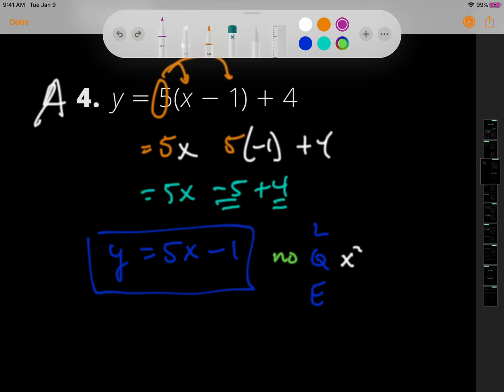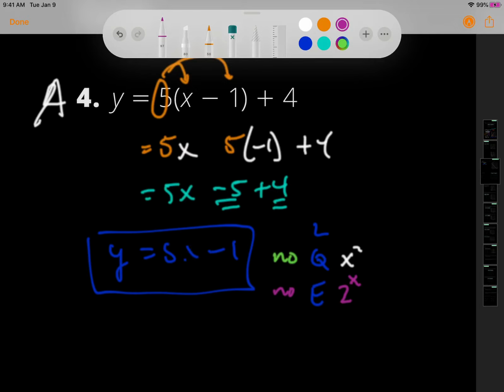Okay, how about exponential? Exponential would have a number as a base and then an exponent as a number. But you'll notice that the base right here is a variable. So it's not this situation, okay?